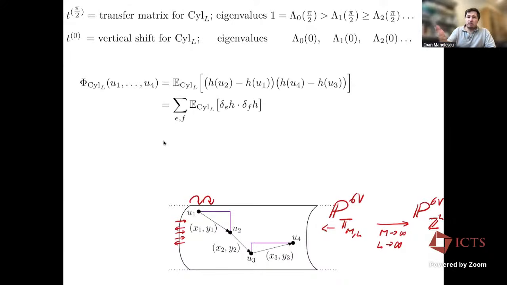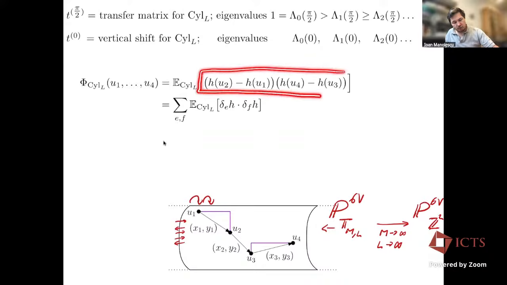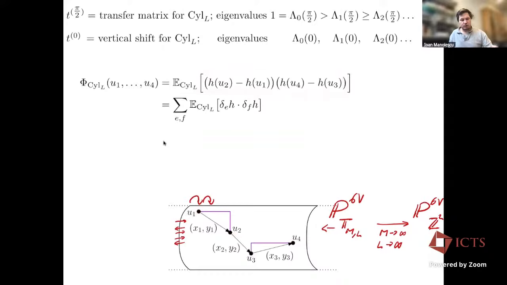But we don't want to compute the partition function. We want to compute height increments and correlations of height increments. So what do you do? Well, you're going to compute correlation of height increments. So here I have four points that are ordered like this, horizontally. If I want to compute this, I can basically compute just increments or correlations of edges, because when I sum these up, I get correlations of height increments.